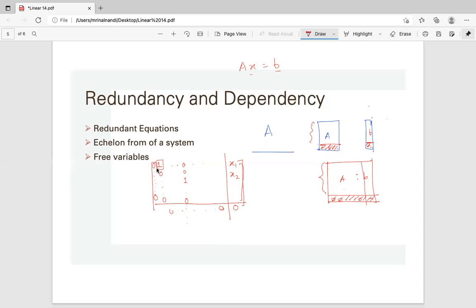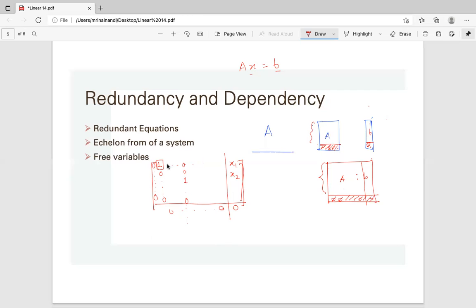So for the leading one, the rest of the column is 0, and that corresponding variable is nowhere in the other equations. The column where the leading one exists actually corresponds to that variable, and we see that variable only in one equation, the corresponding row.